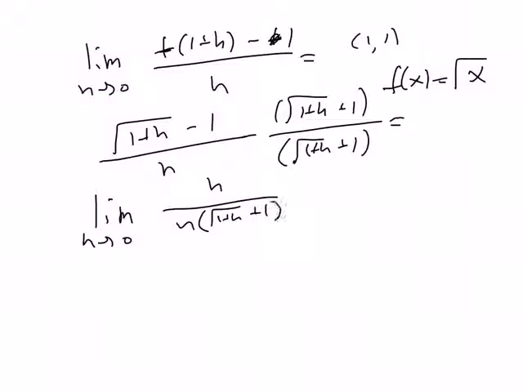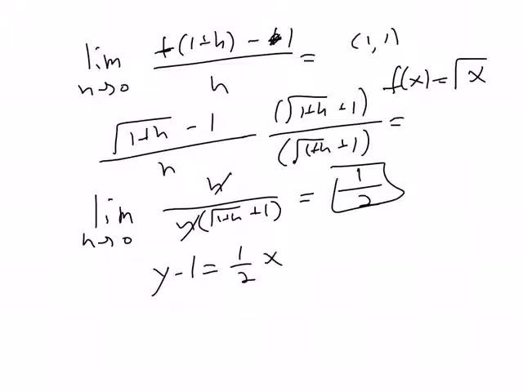These h's cancel, and as h goes to 0, this becomes 1 over 2. So our slope is 1 over 2, and then the line is y minus 1 is equal to a half times (x minus 1), or in other words, y is equal to a half x minus a half plus 1, so plus a half.